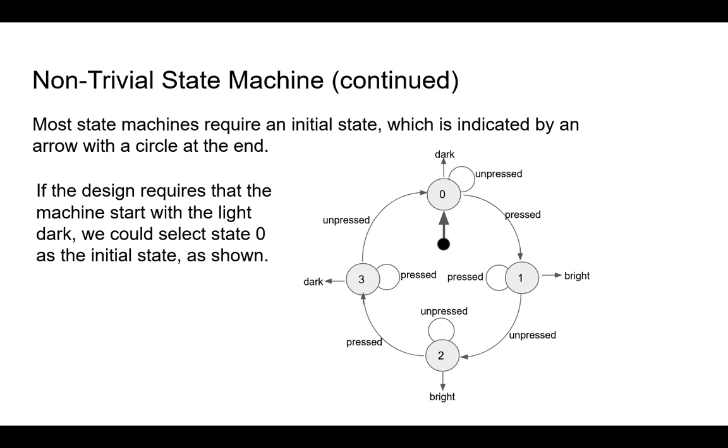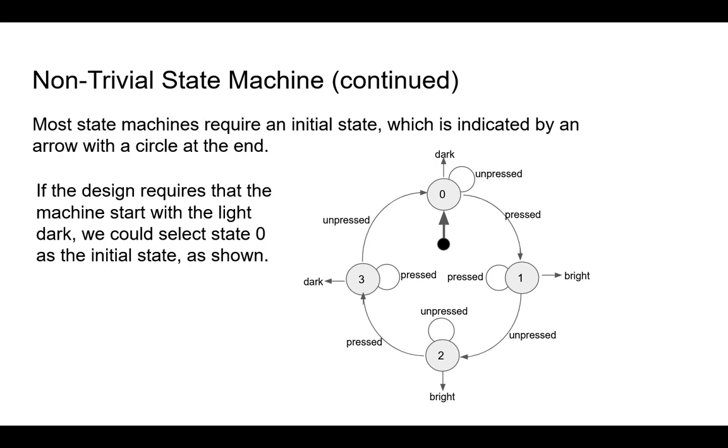Okay, now generally we want the state machine to start somewhere when we turn the power on. So if this is battery operated, when we connect the battery. If this is on a robot, it's when the robot controller first starts up. We want this to be in some kind of a state. I just arbitrarily assume that in our depiction we want the light to be turned off, or the light will be dark, when we first start our machine.